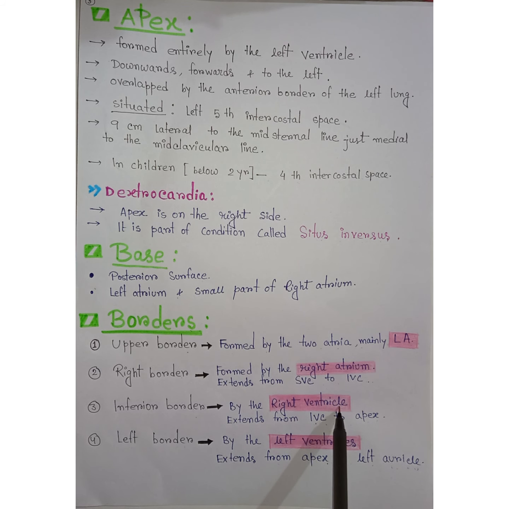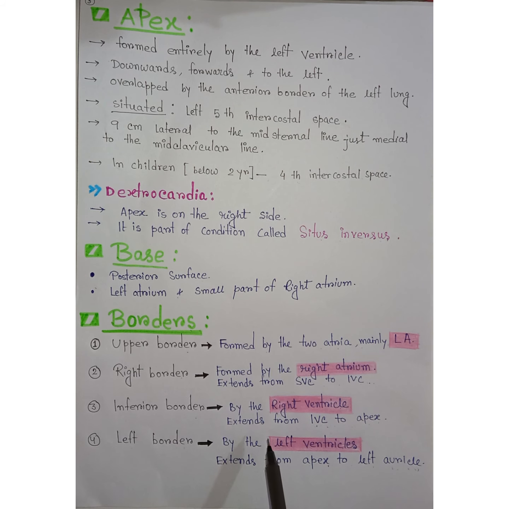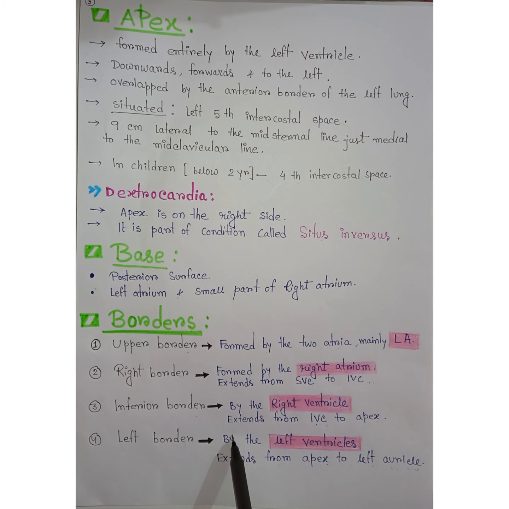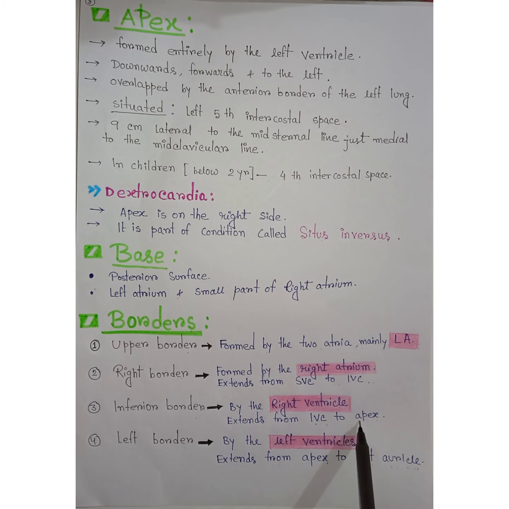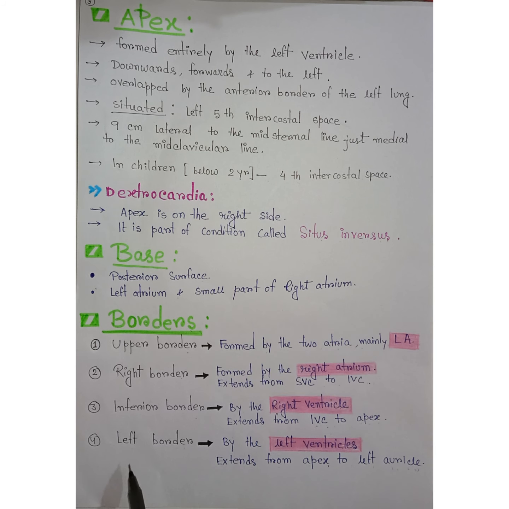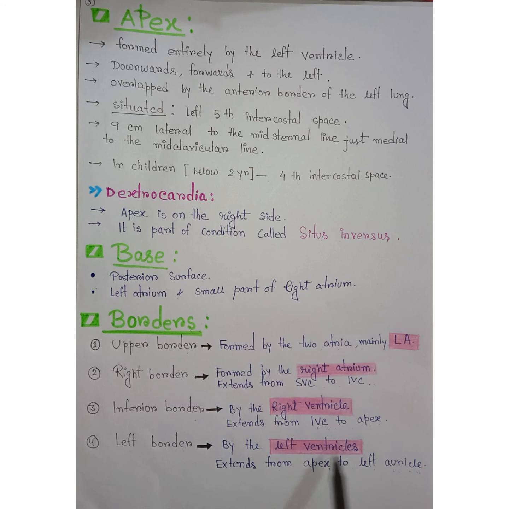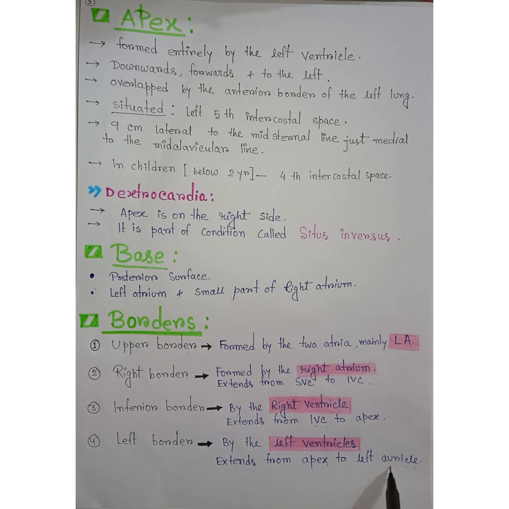A small part of it, near the apex, is formed by the left ventricle. It extends from the IVC to the apex. Left border: oblique and curved, formed mainly by the left ventricle, and extends from the apex to the left auricle.